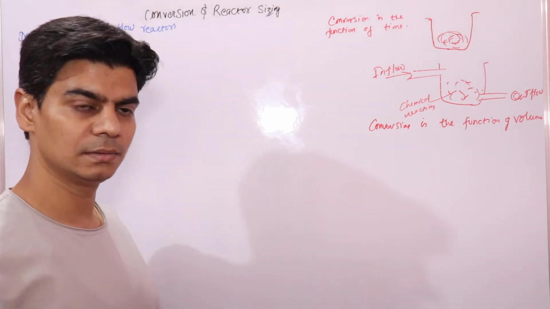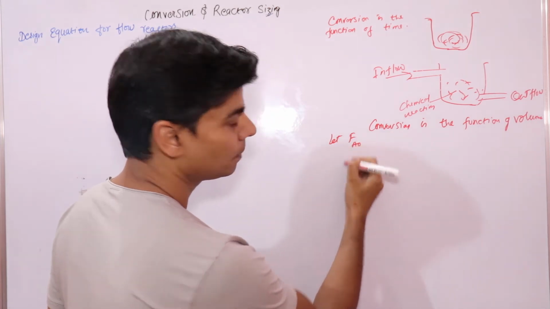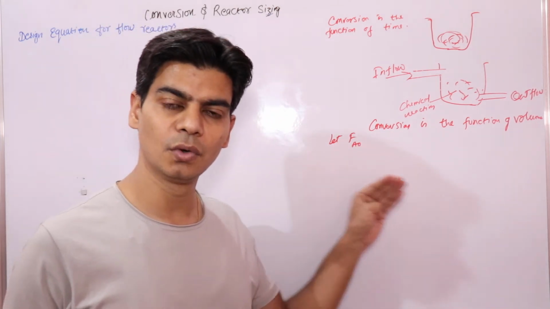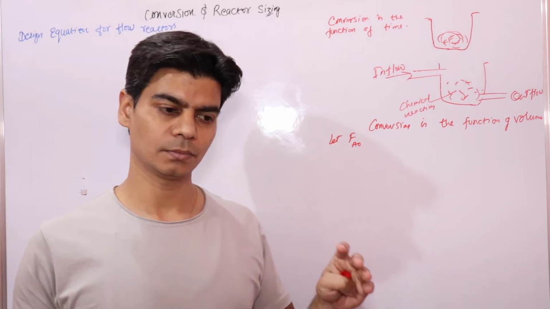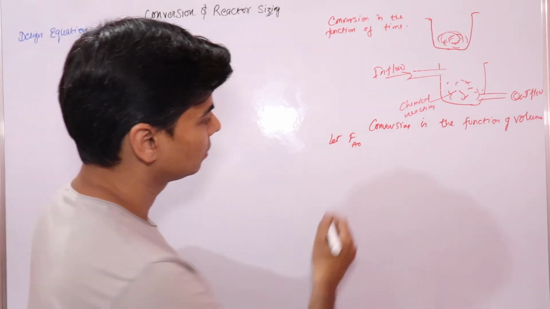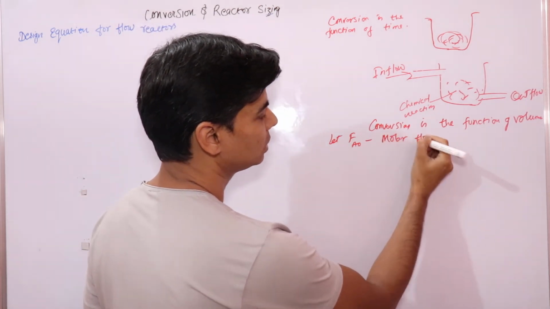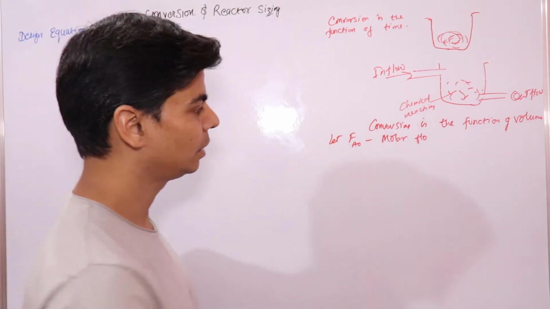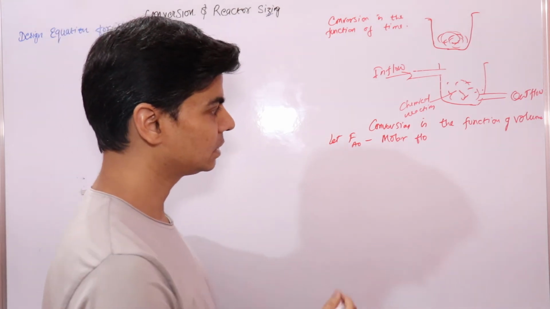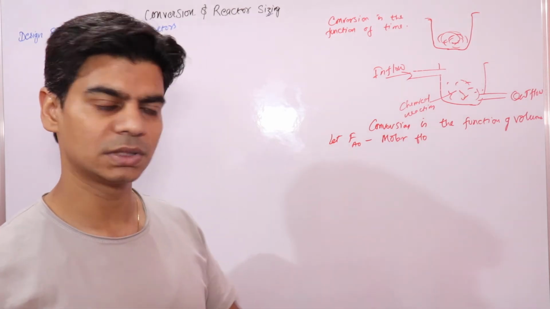Let's say let FA0 be the flow rate of reactant of, say, any species A. This is the molar flow rate. FA0 is the molar flow rate of any species when the reactants are fed into the system.